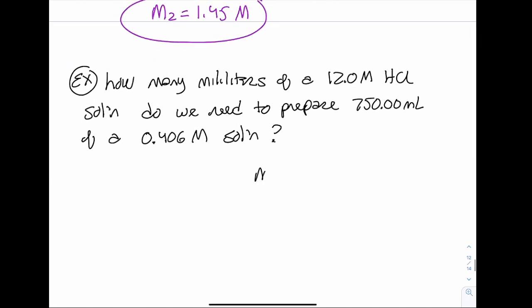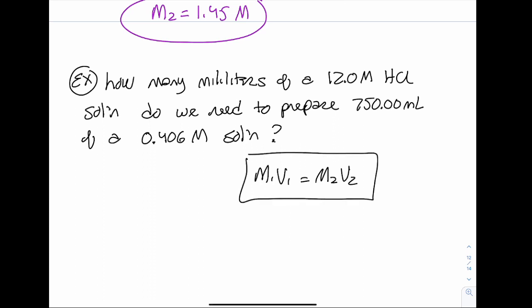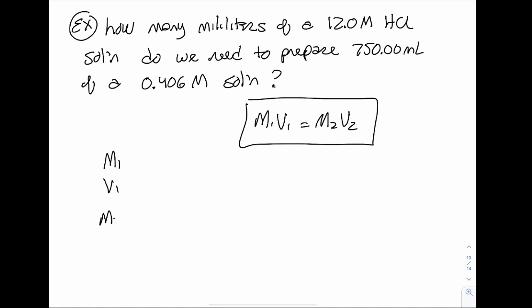So again, we're just using this equation. And I'm going to make a list just like I did before. So M1, V1, M2, V2.